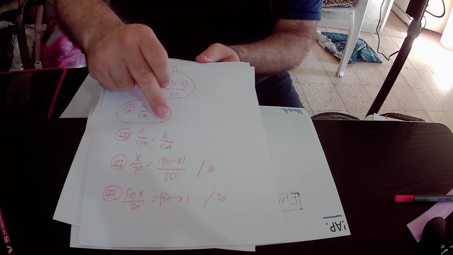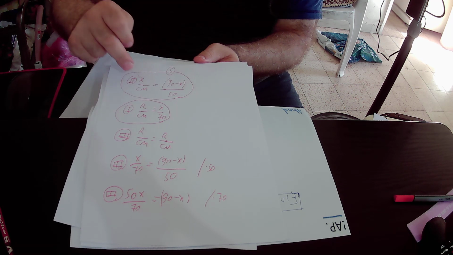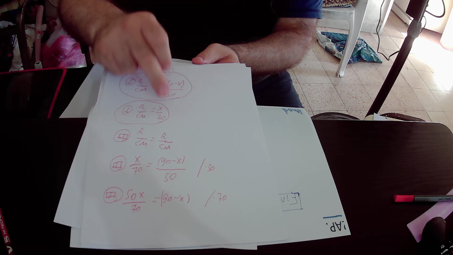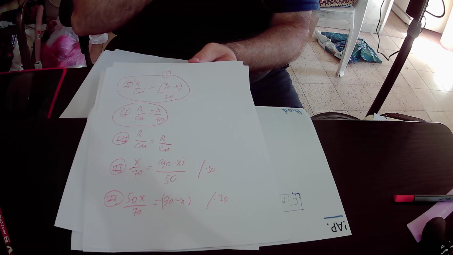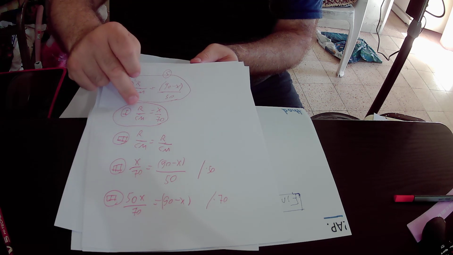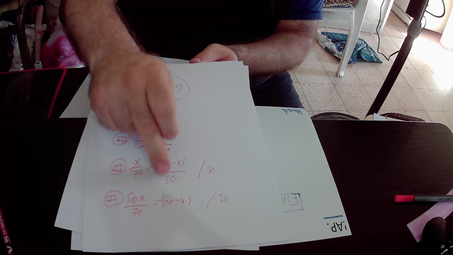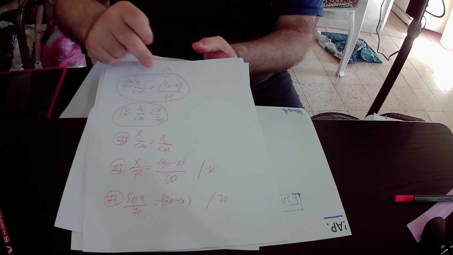And then we substituted R over CM on this side of the equation by the value from the second equation, that is to say 90 minus x over 50. So in total we got that X over 70 equals 90 minus x over 50.